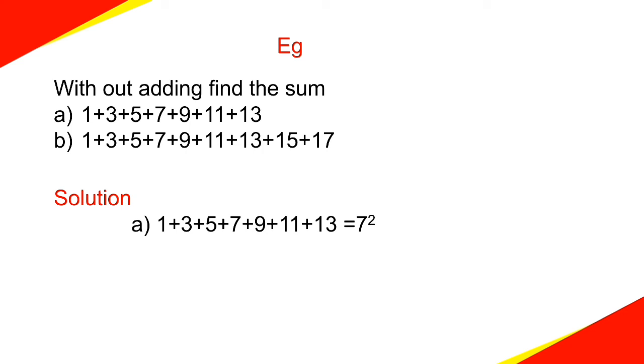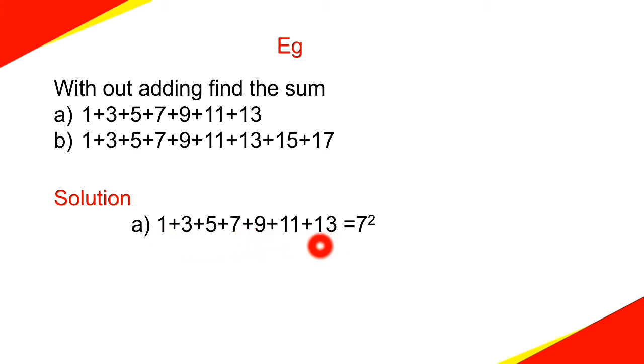So we have a property. According to that property, the sum of the first n odd natural numbers is n squared. Here we have all odd numbers: 1, 3, 5, 7, 9, 11, 13. How many odd numbers are there?